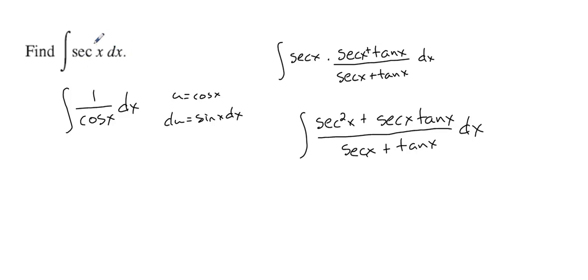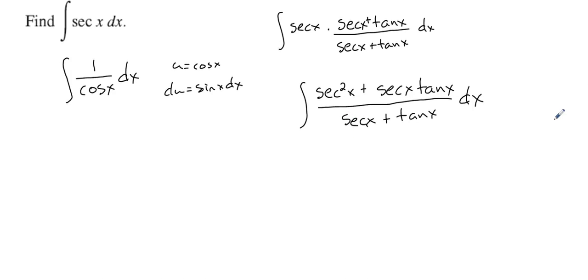Well, what derivatives have secant in it? What functions have secant? So they tried a number of different things. Now, we could sit there and investigate this forever, or I can just tell you to do this. Okay, it'll save a lot of time. Now, if we let the bottom equal u, u equals secant x plus tangent x, what's du then?